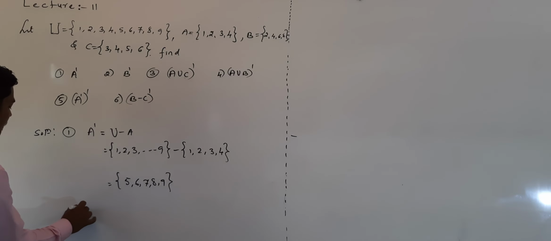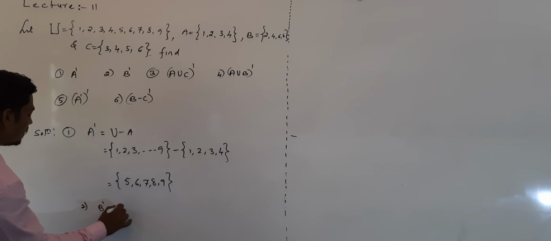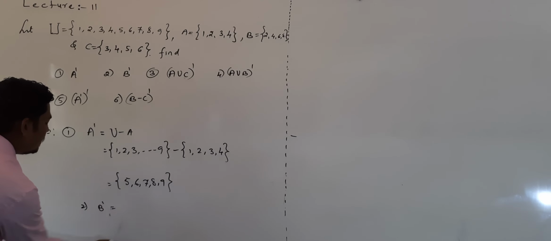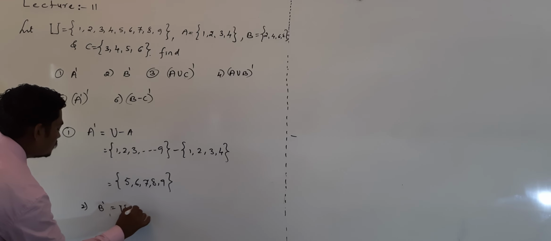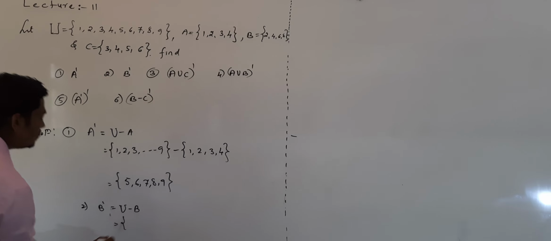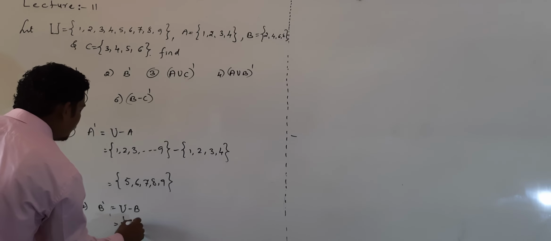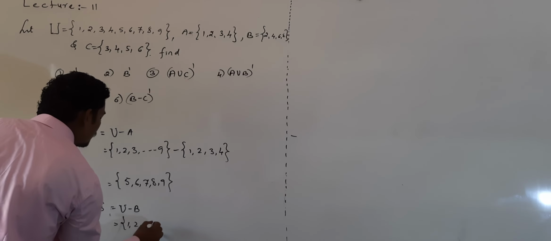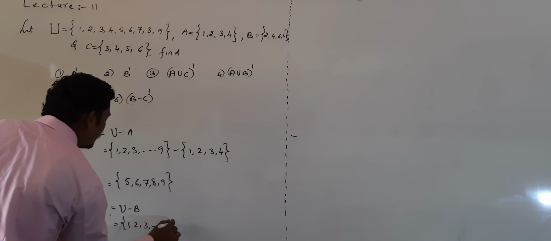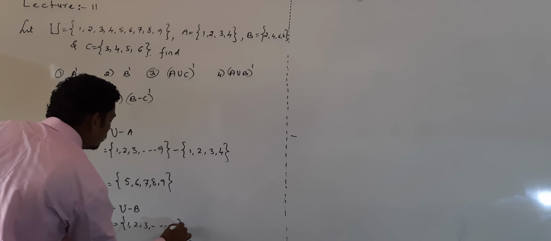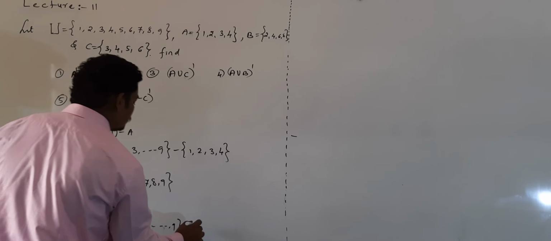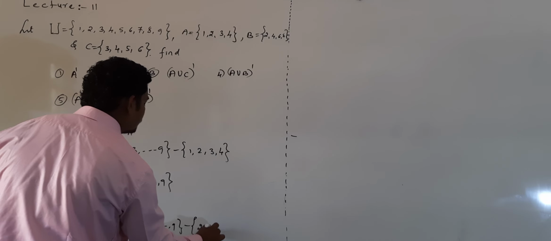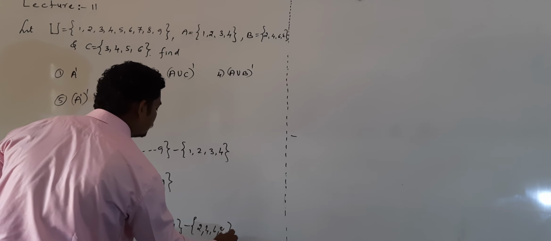Next, second one, B complement. By definition, what is B complement? It will be U minus B. That's equal to U is 1, 2, 3, 4, 5 and so on, last element is 9, minus set B. Set B is 2, 4, 6, 8.